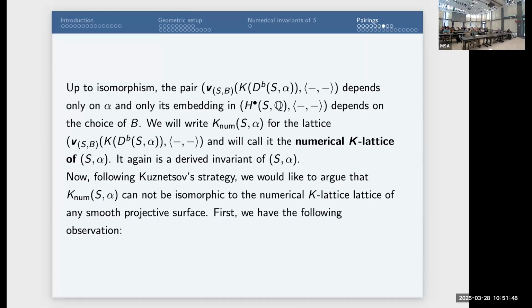After isomorphism, the pair consisting of the lattice and the pairing depends only on alpha. This is how you build the different lattice.